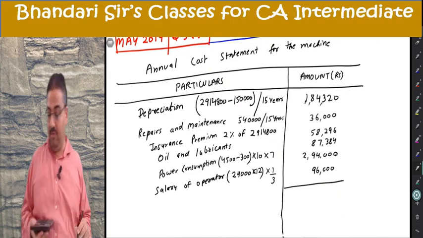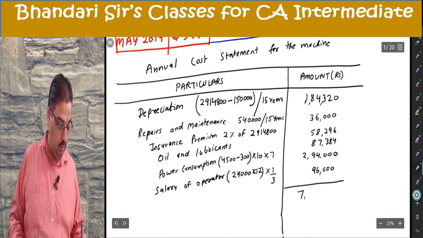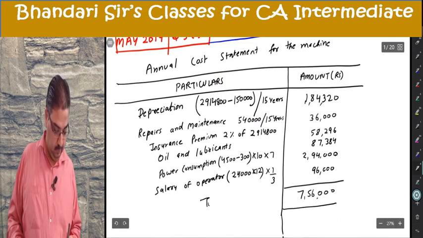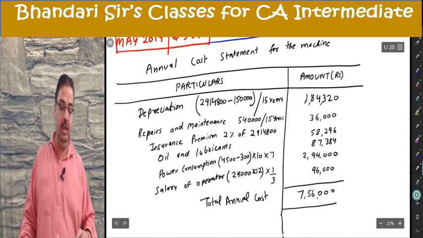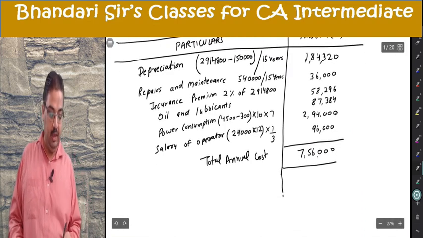What I am getting is 7,56,000 total. Total annual cost with respect to this machine is 7,56,000.